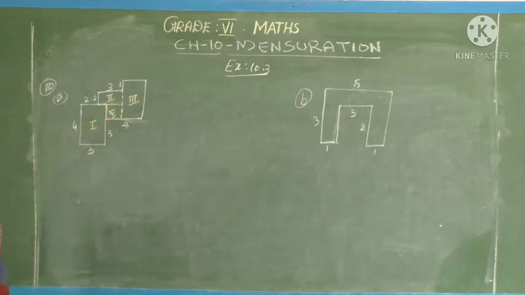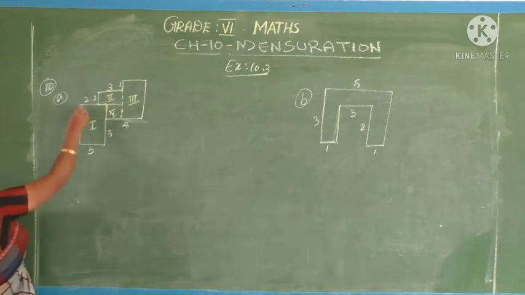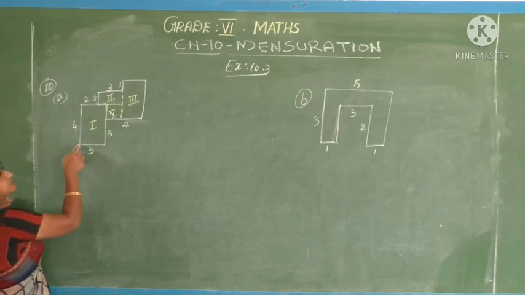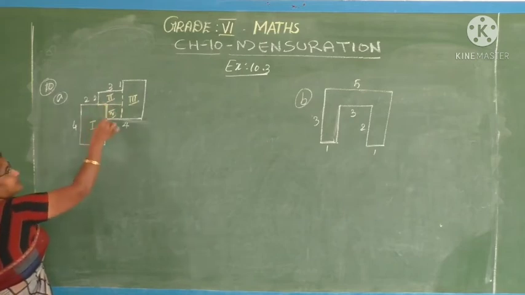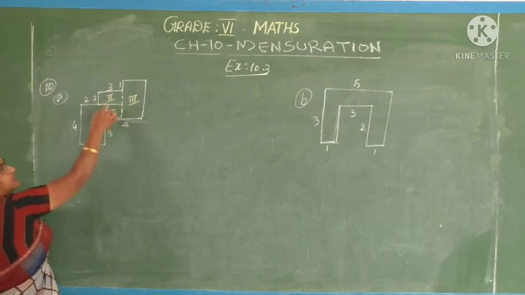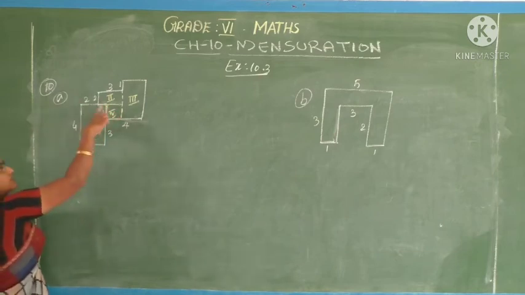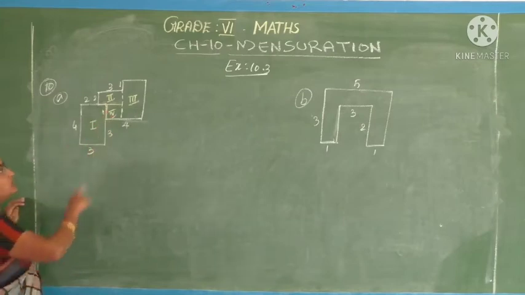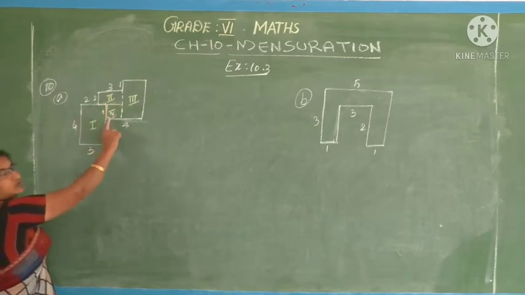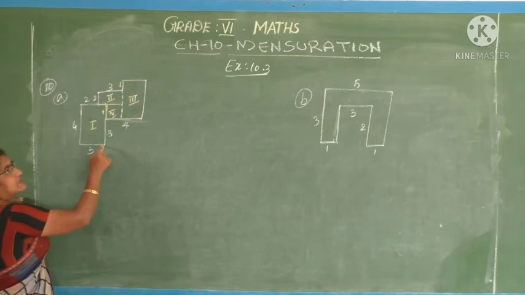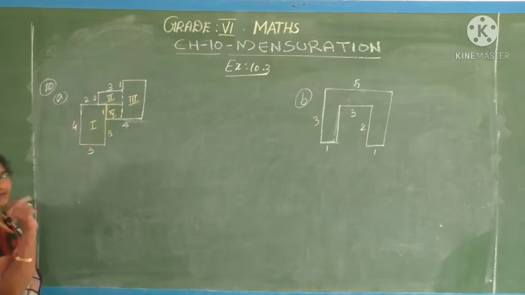What is the measurement? After splitting this, we find out the measurements of the sides. Here in this, 4 centimeter, this also 4 centimeter, because this one is 3, the remaining is 1 unit. Opposite sides are equal. Those are 4 centimeter, this is also 4 centimeter. But here this distance is 3, so the remaining distance is 1.